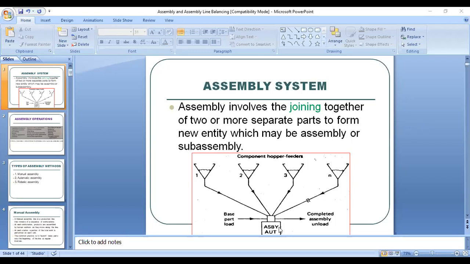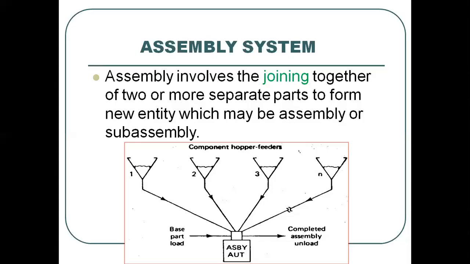At the bottom I've kept an image showing different components being fed to this assembly workstation. ASBY stands for assembly, AUT for automated. Should I go to full screen so that you can have a better look?